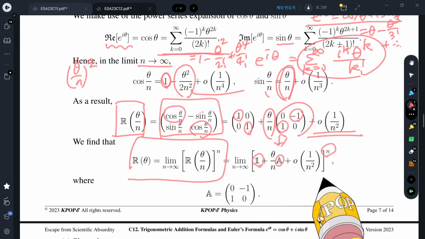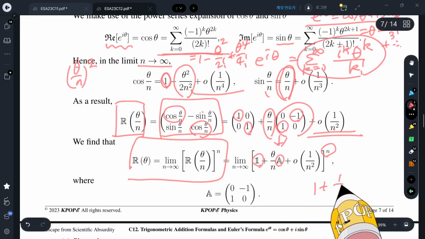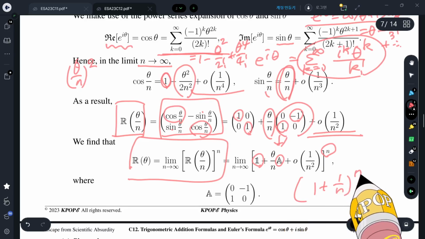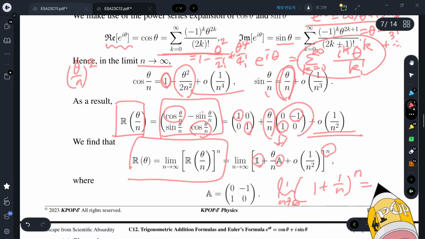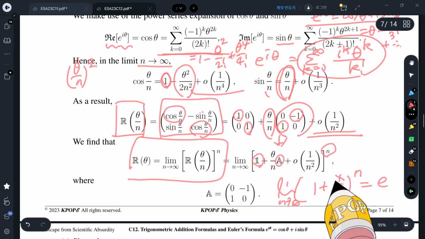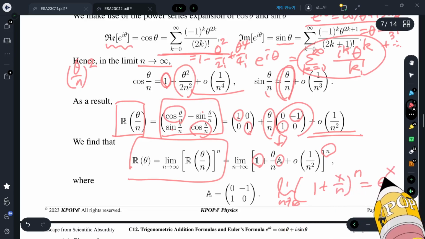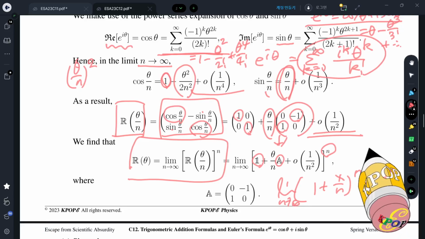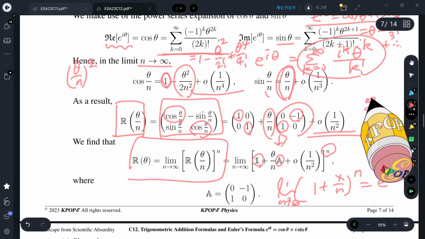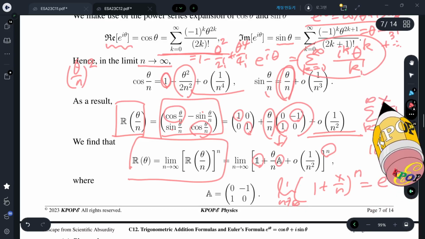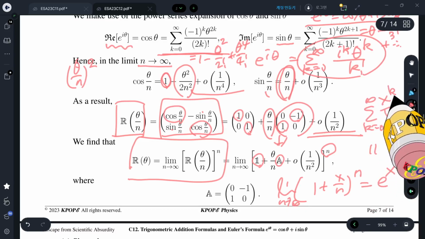We are very familiar with the algebraic expression, 1 plus 1 over n to the n, in the limit n goes to infinity equals e, and if there is a number x, it was this, and this was the sum of k from 0 to infinity of x to the k over k factorial.